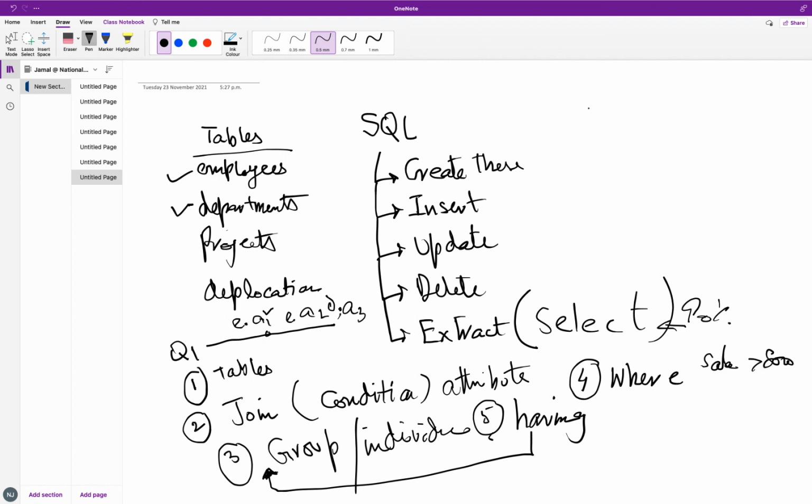Okay, so I can now write a summary SQL query. So select, I will write down the required attributes later on, no problem. From step 1, I come to know that I need 2 tables, employees and departments. So from employees, 2 tables, so a join is required. Join departments.